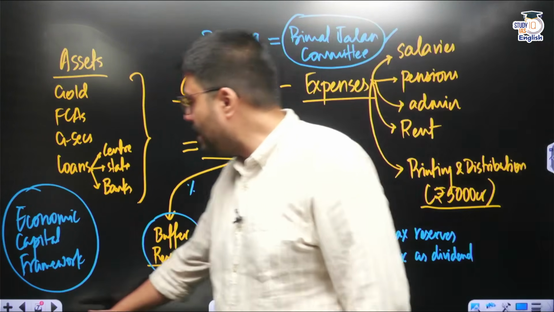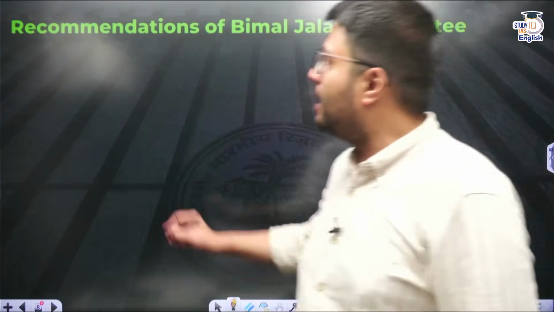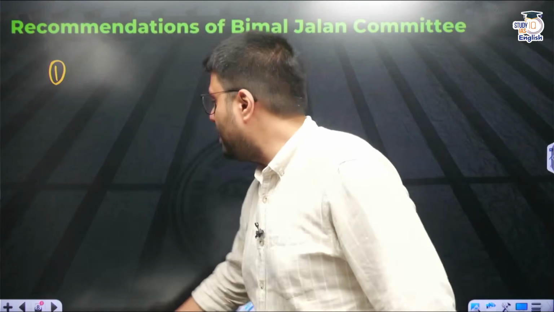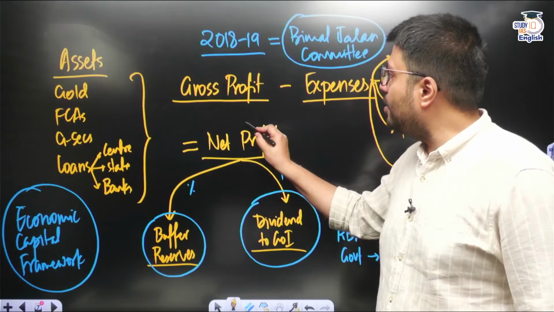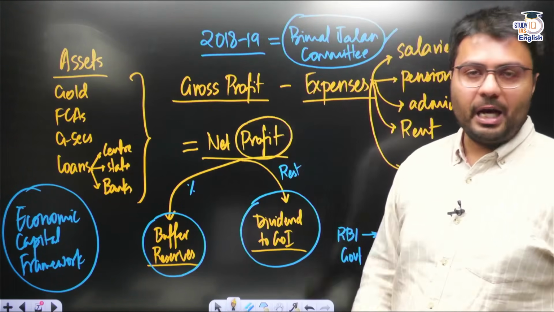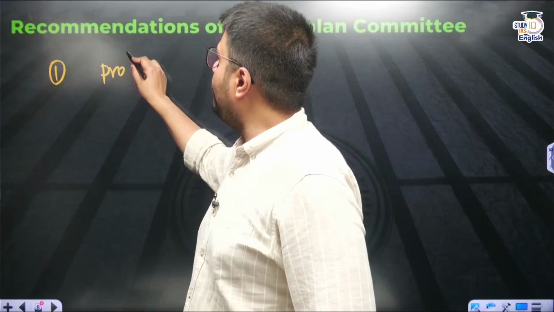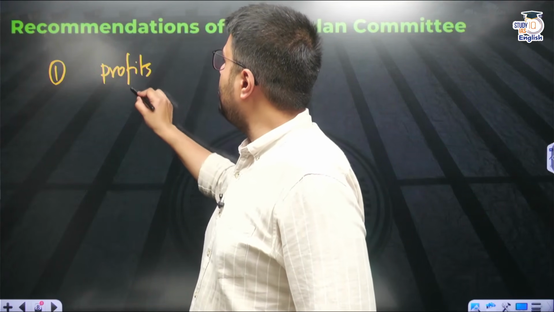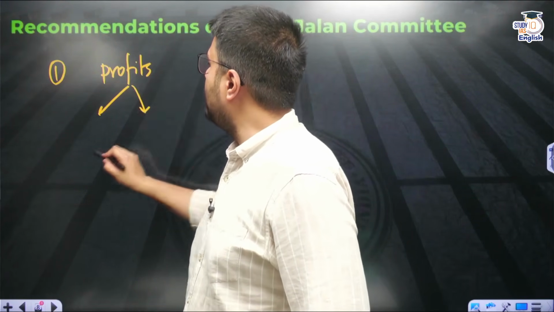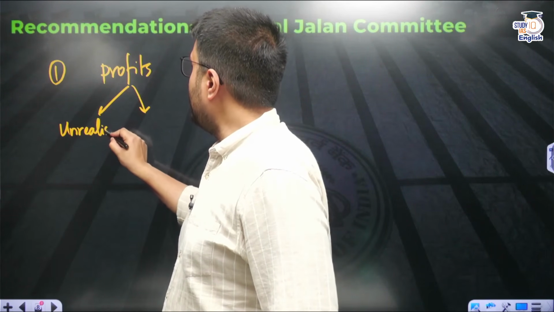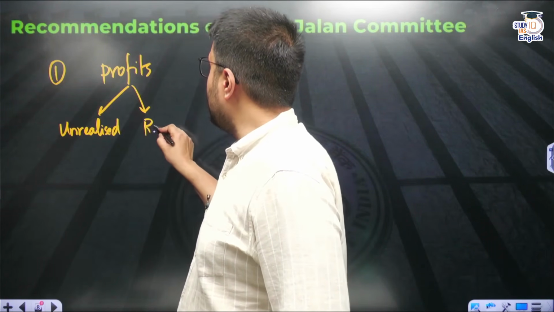Now, the recommendations of the Bimal Jalan committee were multiple. The first recommendation determined how to calculate the profit of the RBI. The committee stated that the profits of RBI need to be divided into two halves. First is an unrealized profit and another is a realized profit.